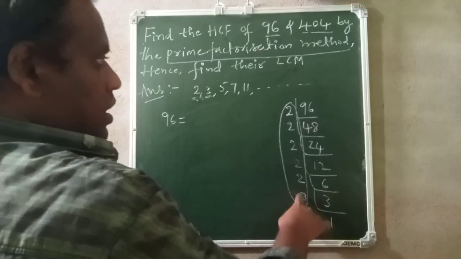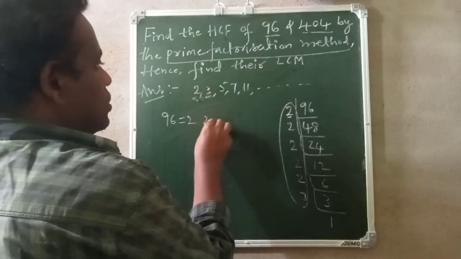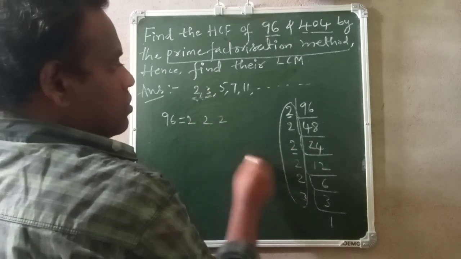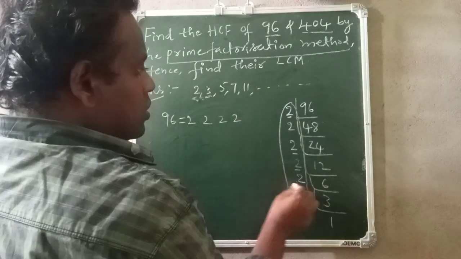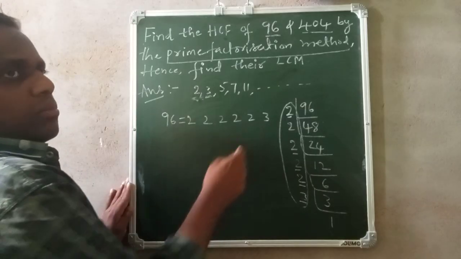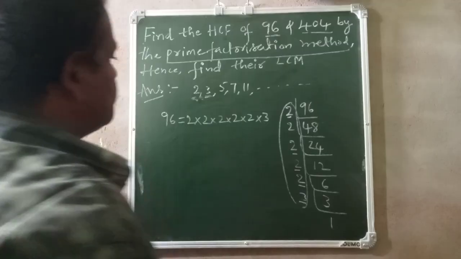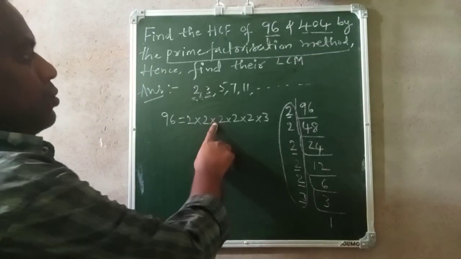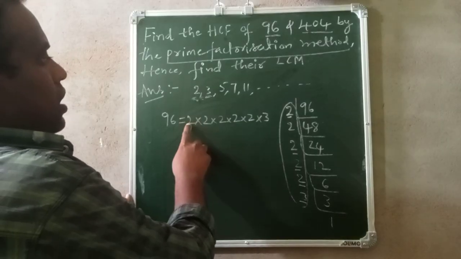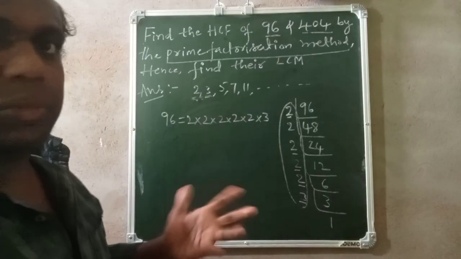So except 1, take all of these: first write 2, next this 2, next this 2, next this 2, next this 2, next this 3. Now between the numbers you put a multiplication sign. Multiplication is also called product. These are all prime numbers, so this is a product of prime numbers.